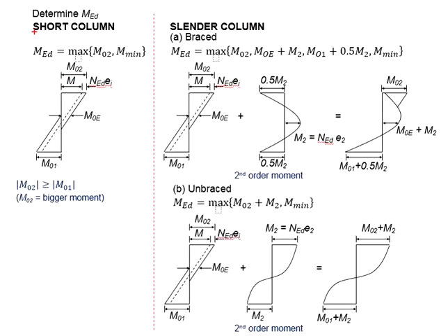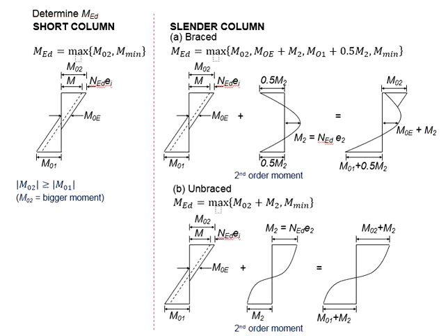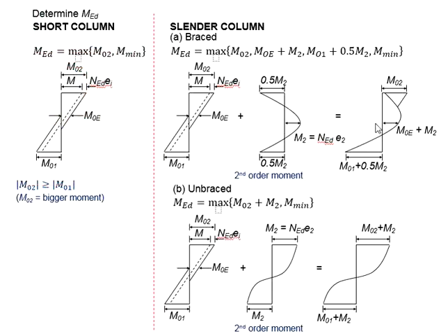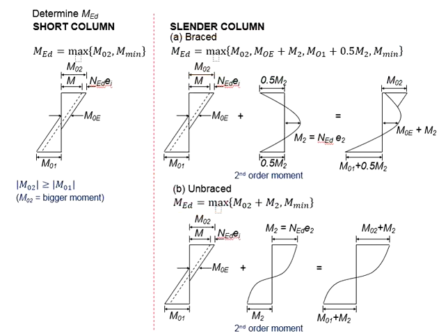The main difference between the categories will be the calculations of the MED. Short columns only involve the first order moment, whereas for slender columns there will be second order moment. The calculations of the MED differ between the braced and unbraced structure.